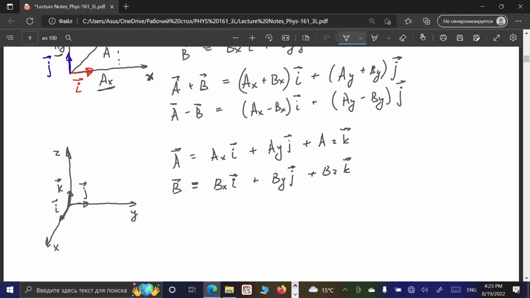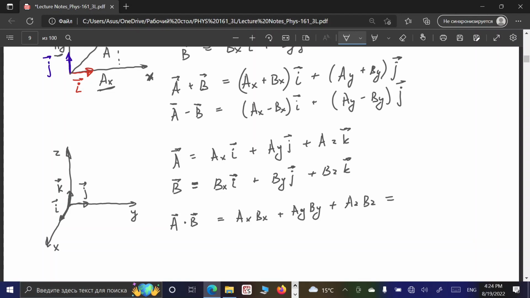So now we want to get the dot product of two vectors, A vector and B vector. And that will be Ax times Bx plus Ay times By plus Az times Bz.